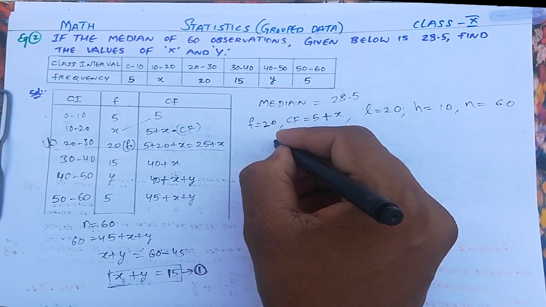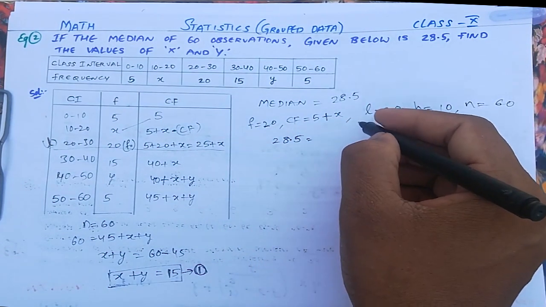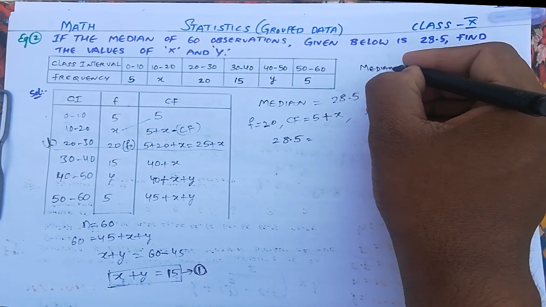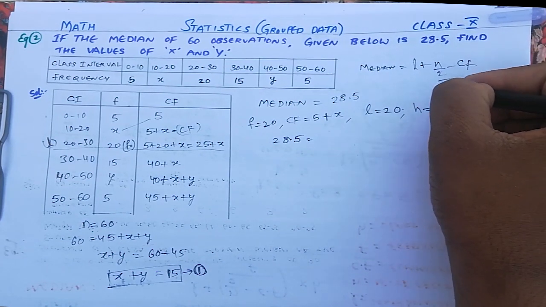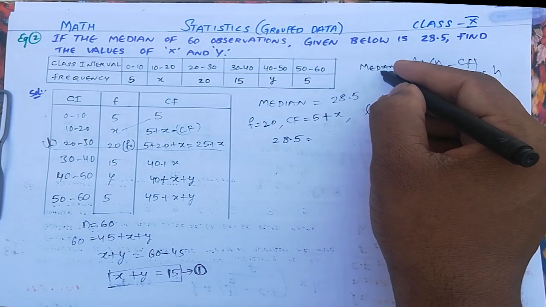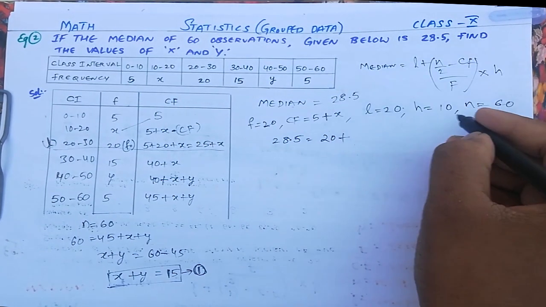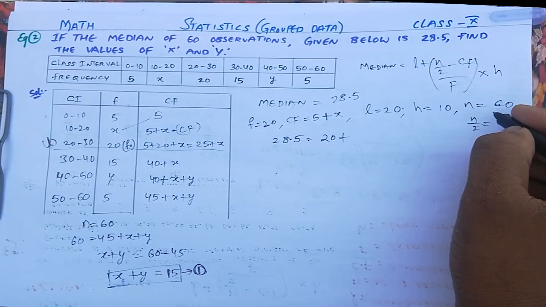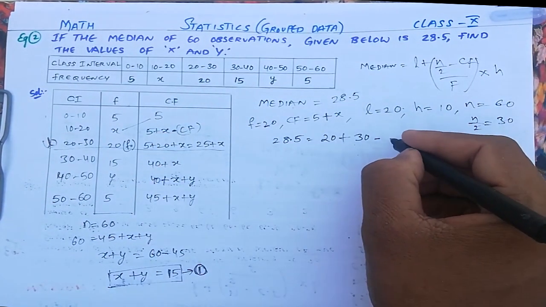So, the median formula: 28.5 equal to, I'm writing the formula here, median equal to L plus (n by 2 minus CF) by f into h. In this formula I'm going to substitute the median value 28.5, L value we got as 20, plus n by 2, where n equal to 60, so n by 2 is 30. 60 by 2 is 30, minus the CF value 5 plus x.